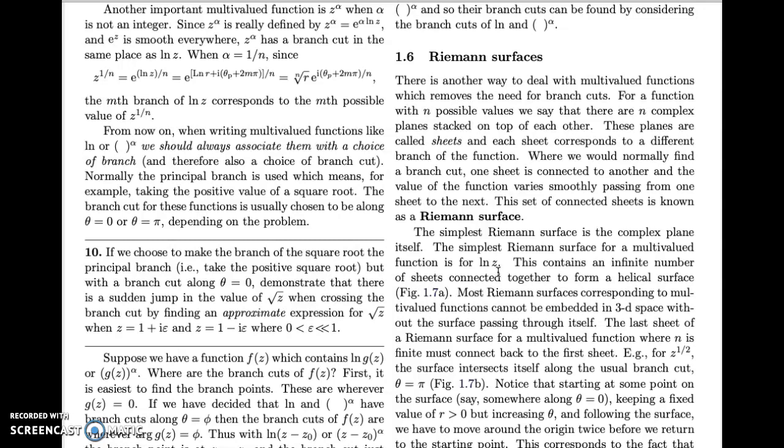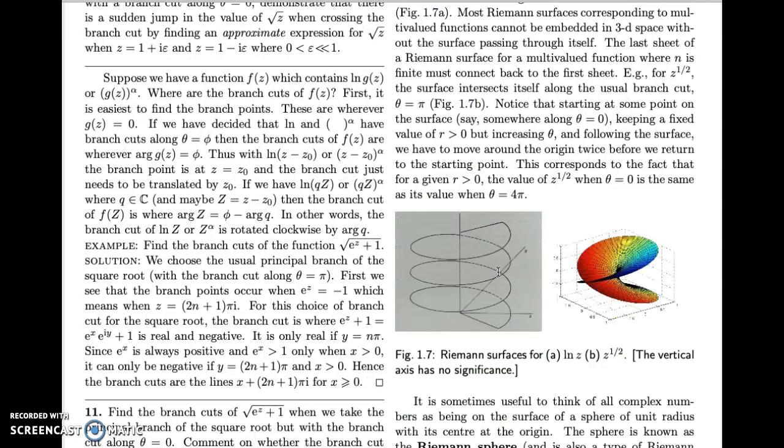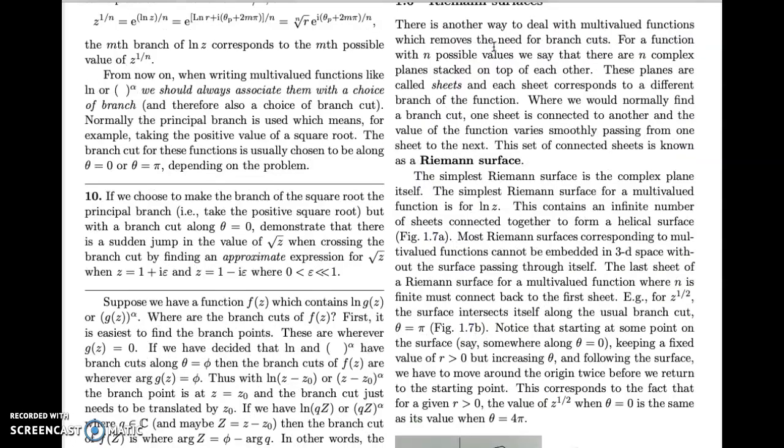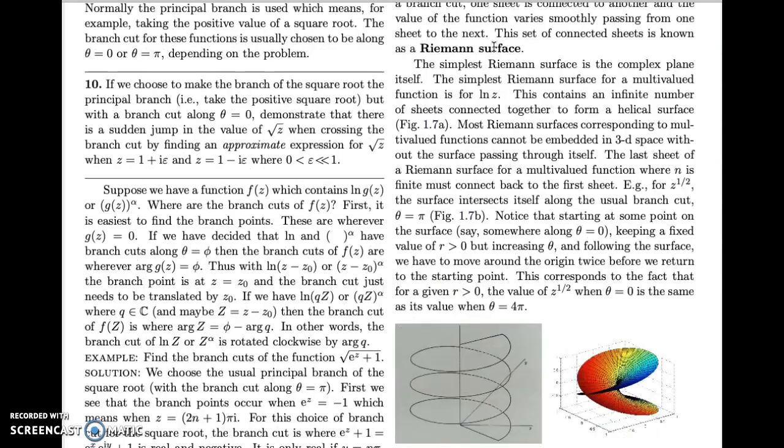It's simple in the sense that its structure looks quite simple. It can be represented by a helical surface, as shown here. It contains an infinite number of sheets, obviously, because n, the number of possible values, is infinite.